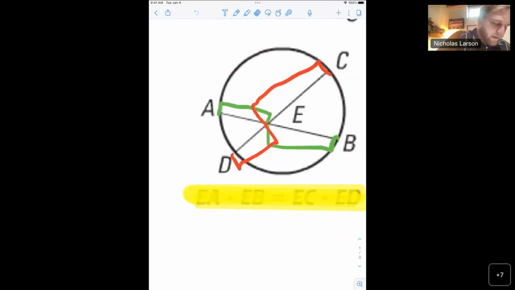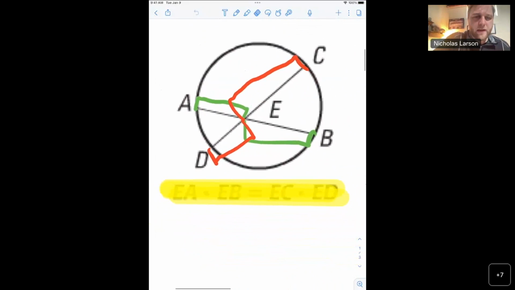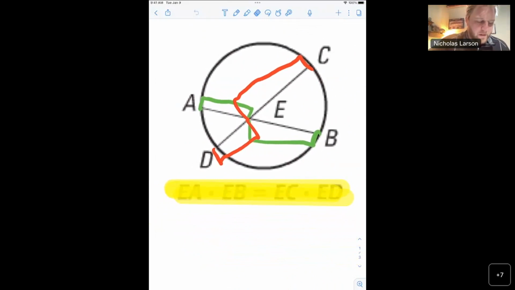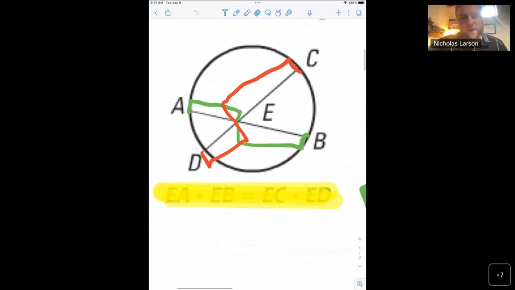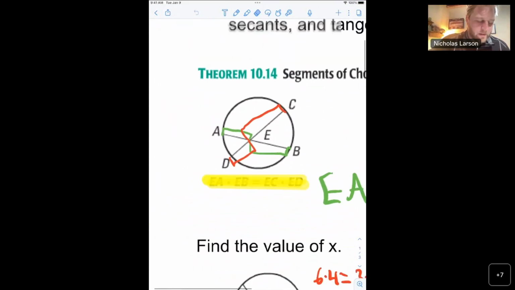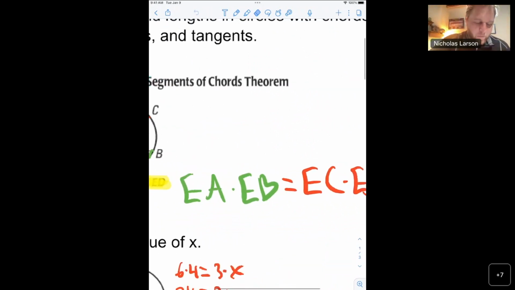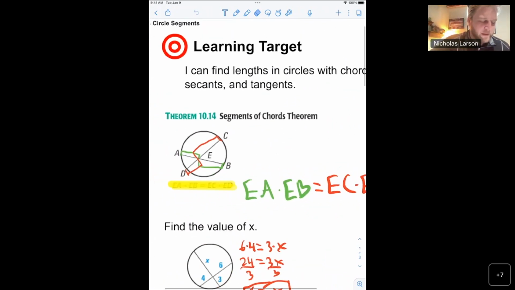So I could take the segment EA and the segment EB, and I can multiply them together. And that's going to equal the segment ED times the segment EC. So again, using what I know, I can find out what I don't know by following this kind of formula.